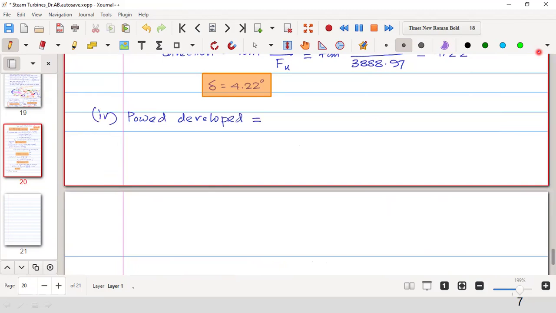We can write power developed as mass flow rate into delta VW multiplied by U, right? That is power developed. So what is delta VW?